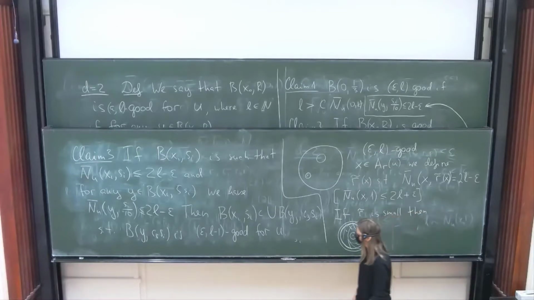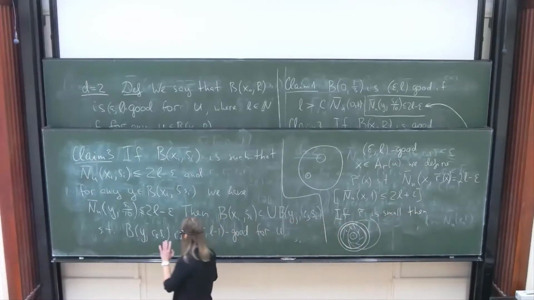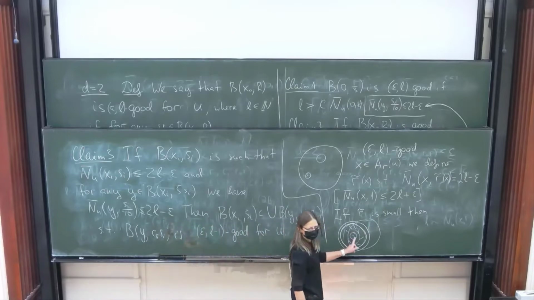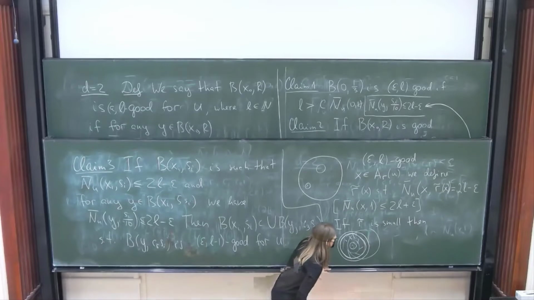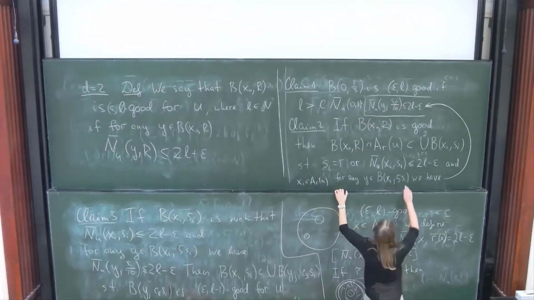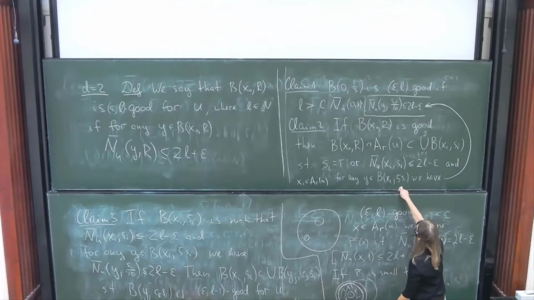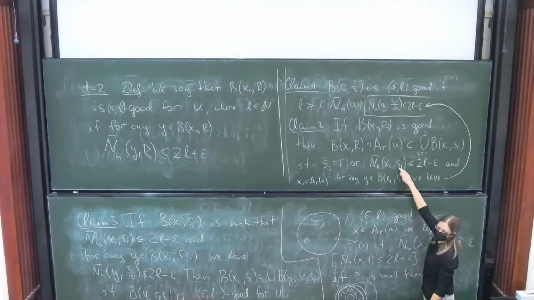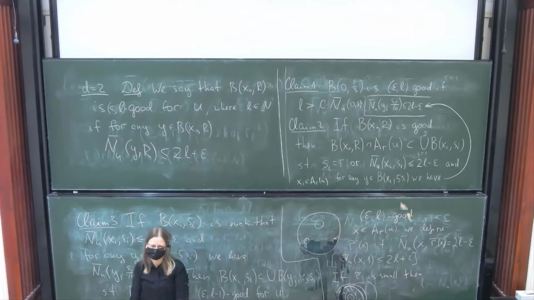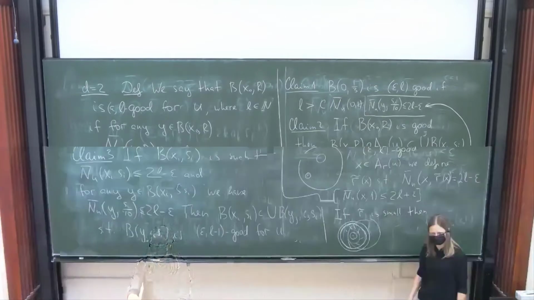You have to be a little bit more careful and choose this ball so that it's a local minimum. Remember, I want this property that when I am around this ball, the radius is not much smaller. But it's a weak notion of minimum. If you think, what does it mean that we don't have a minimum? You can easily construct a convergent sequence where you have smaller and smaller things.